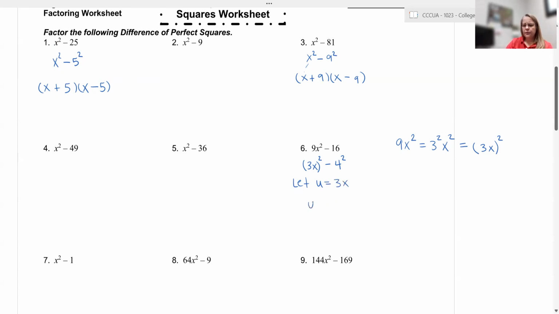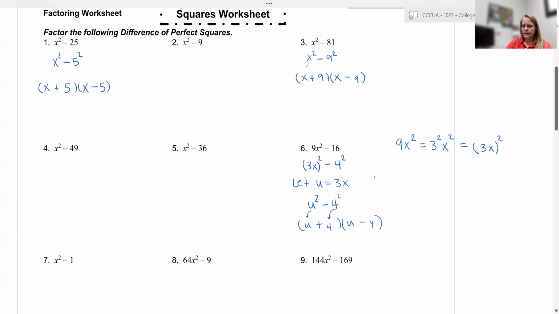So what I'm really working with is u squared minus 4 squared. And this is something I'm pretty comfortable with factoring. So I'm going to bring down my two sets of parentheses, my plus and minus, and then one of those u's, and then one of my 4's.